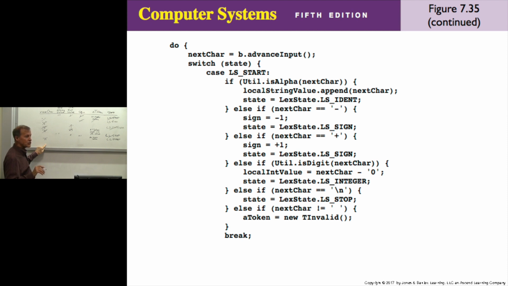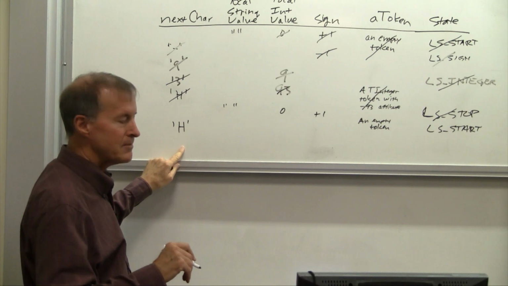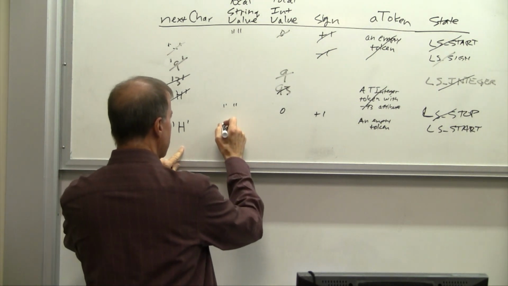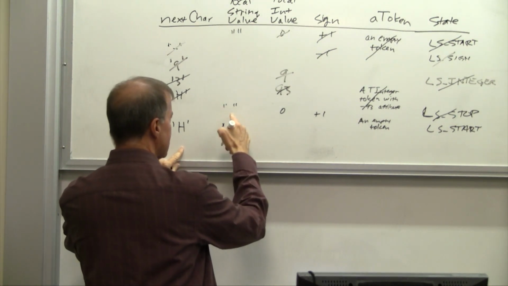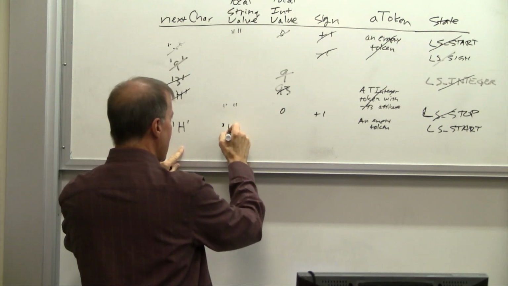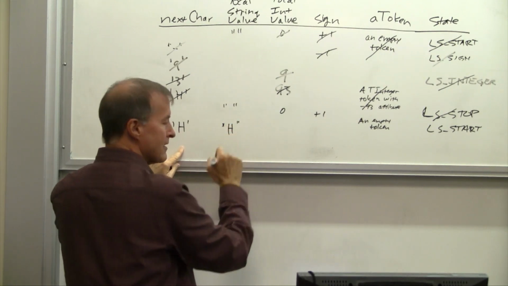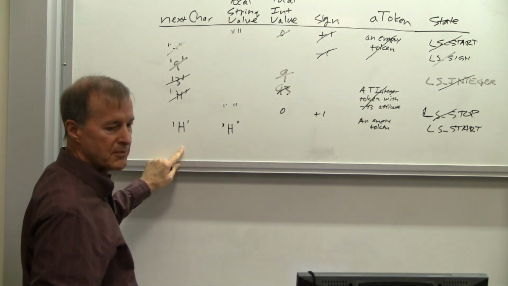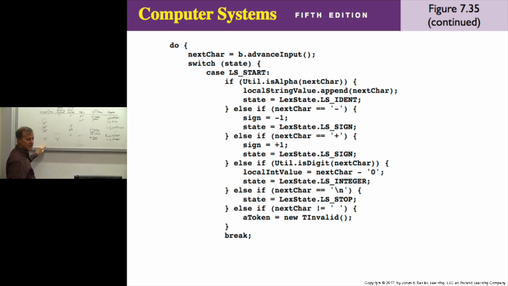It's not saying local string value gets local string value plus the H. It is appending it in place. Dangerous but fast. So that's appending this. Having H appended to the empty string gives us that. Are you with me? And then state gets what?